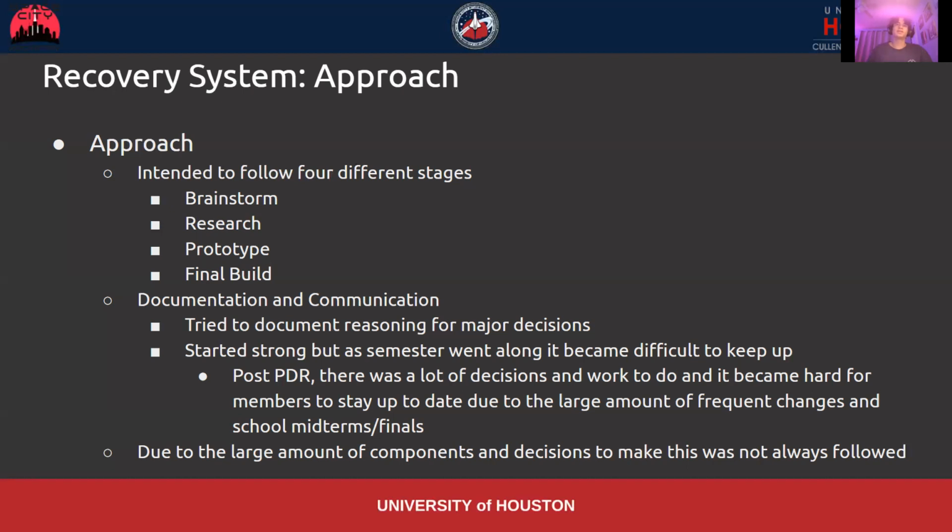Documentation and communication. At the beginning, I feel like we did a pretty good job with documentation and explaining our reasoning for major decisions. But as the semester went along, it became kind of difficult to keep it up. Especially after the PDR, there were so many decisions to make, and it became really hard to stay up to date with everything that was going on because we were making a lot of changes.